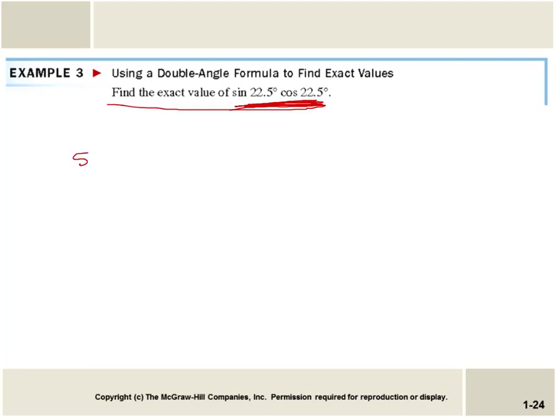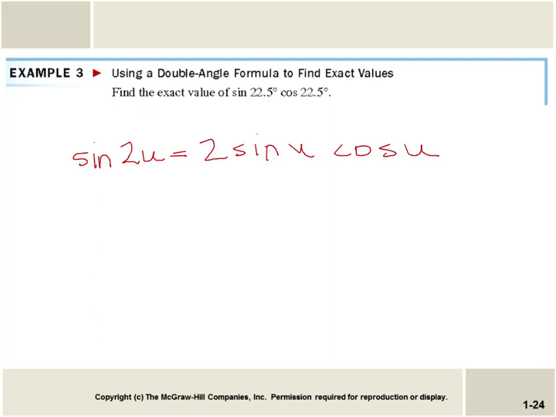Because if I say that the sine of 2u is equal to 2 sine u cos u, right? Isn't that much closer to what we have here? You see what I'm saying? So if that's the case, what would u be here?